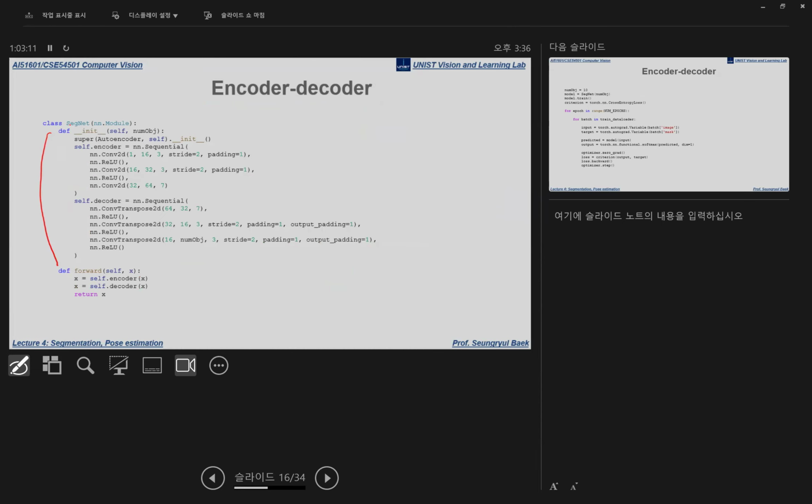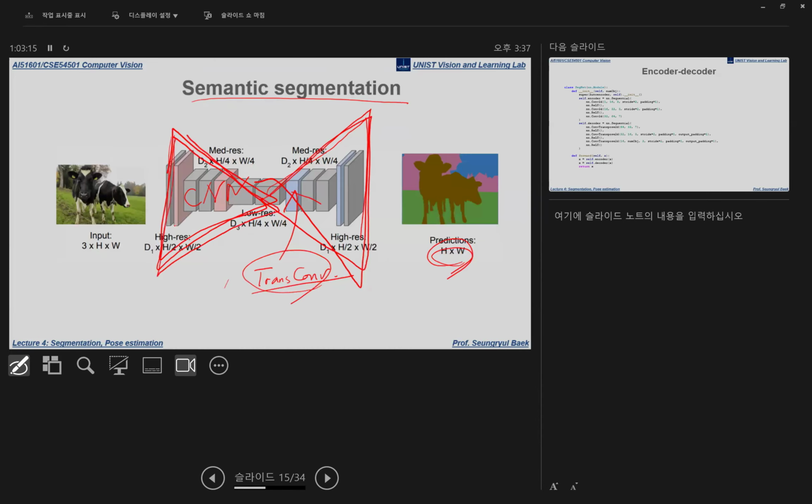And this is the code for implementing this encoder-decoder architecture. The first part is called the encoder part, and this part is called the decoder part. The encoder generally means the process of extracting some low-dimensional features.